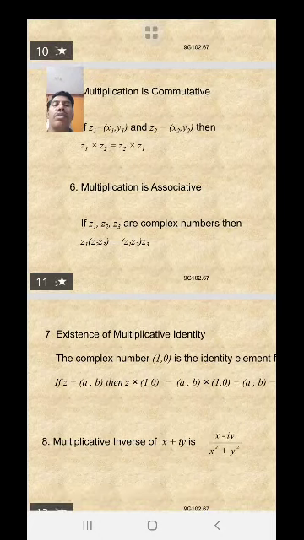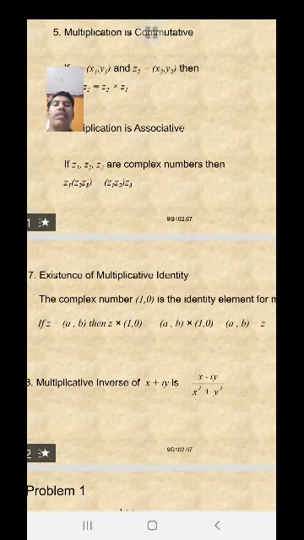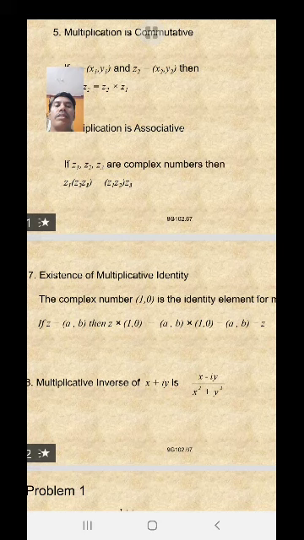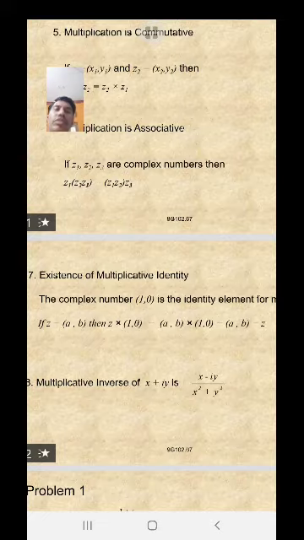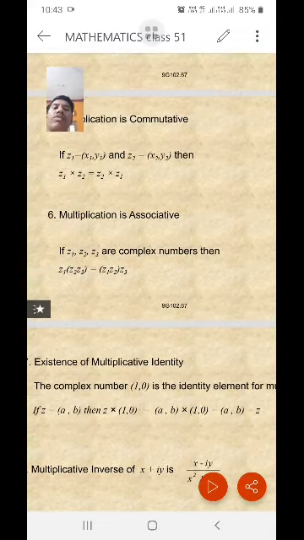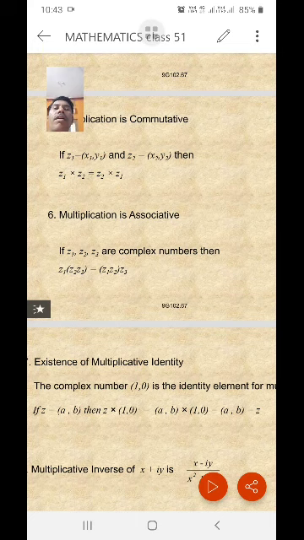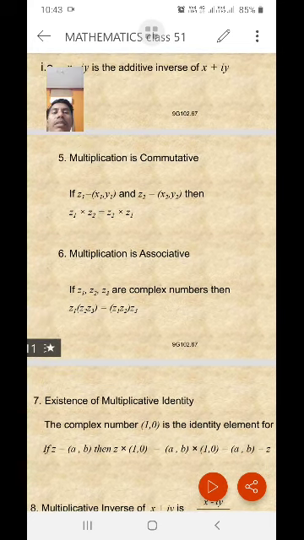If z1, z2, z3 are complex numbers, then z1 (z2 z3) = (z1 z2) z3. So, multiplication is commutative and associative.